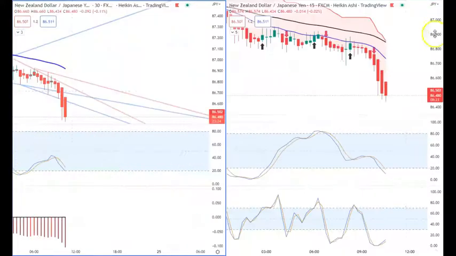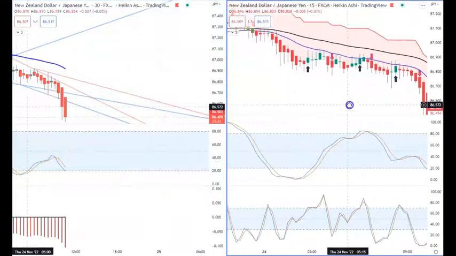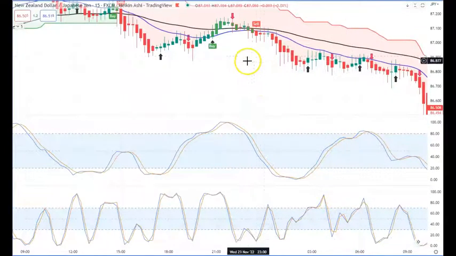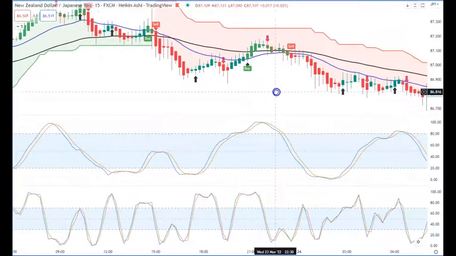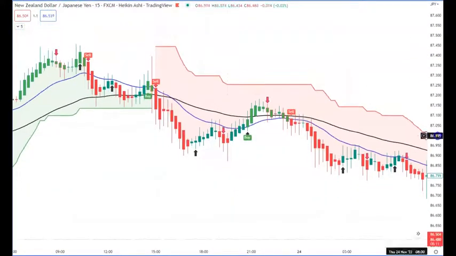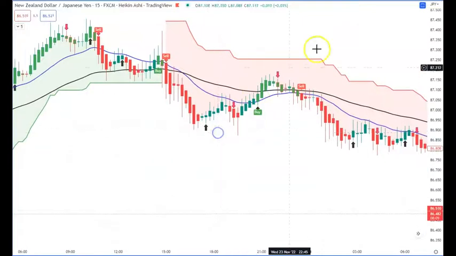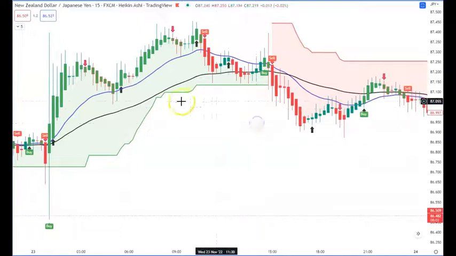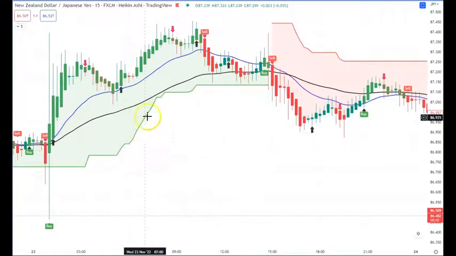Let's dive in closer to the market. As we can see on the 15-minute chart, let me enlarge this for you. Now there's lots of opportunities to sell here. As you can see, so the breakdown on the 30-minute chart is here. And this is measuring the ATR, the average true range.